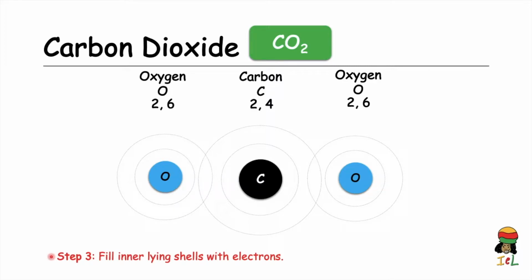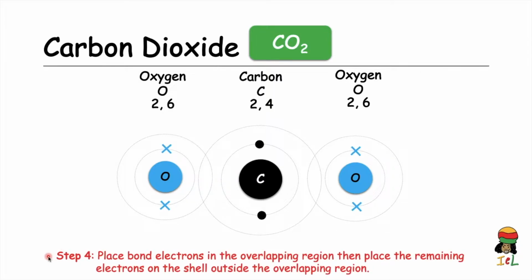All the atoms involved in bonding here have only 1 inner lying shell with 2 electrons each. Step 4, place bonded or shared electrons in the overlapping region, then put any remaining electrons on the shells outside of that area. Notice that there are 2 overlapping areas because the outer shell of each oxygen atom overlaps with the outer shell of the carbon, which is a central atom.